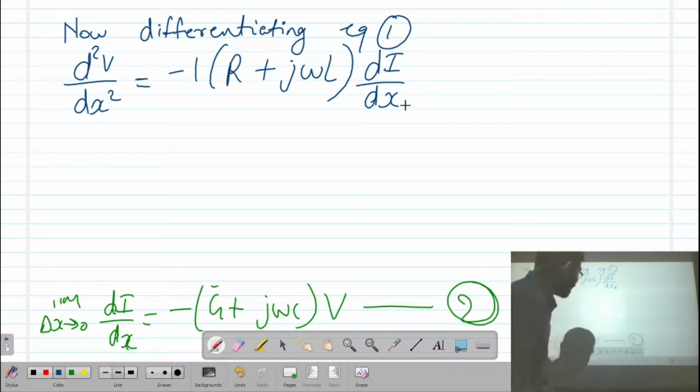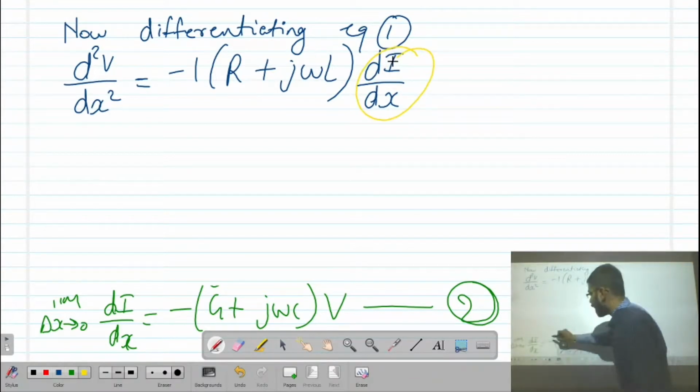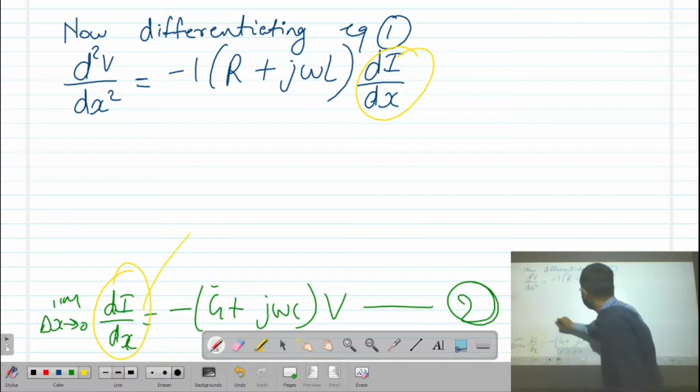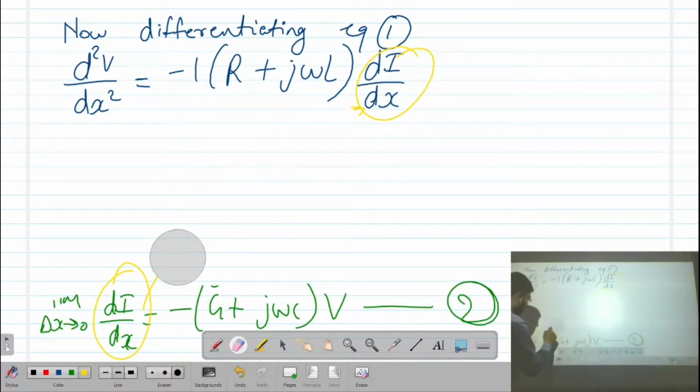Now what we will do over here is, we have this di by dx. We will substitute the value of di by dx over there.